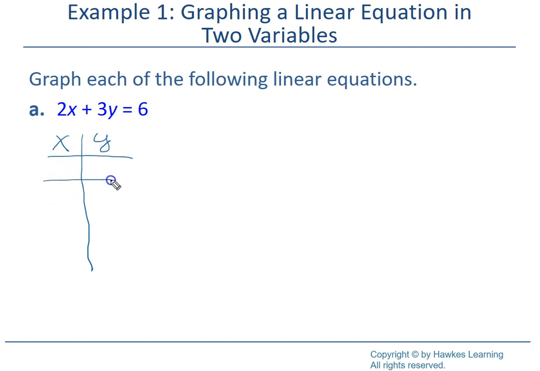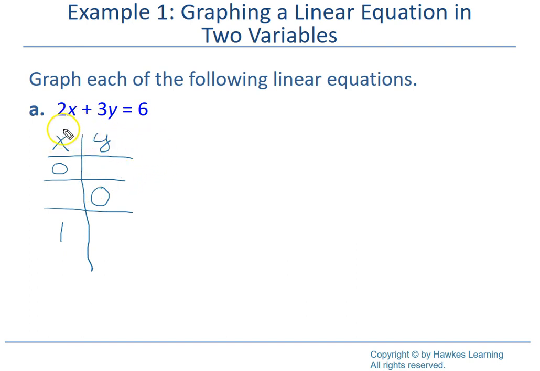And often one of the common values that we're going to put in a t-chart here when it's in standard form is we're going to put a 0 there and a 0 there, and then perhaps one other point just to give a variety. Now, why did I pick that? Well, that's the convention. This is what we usually do.